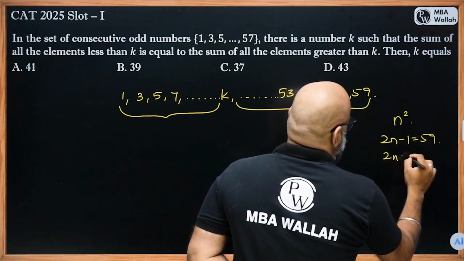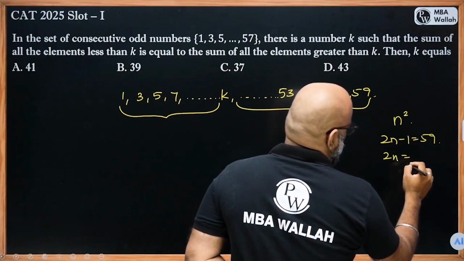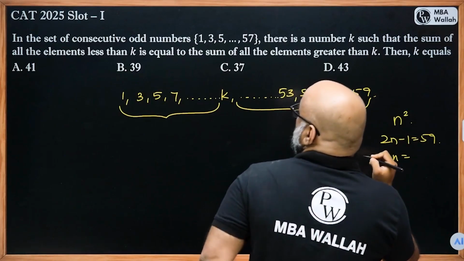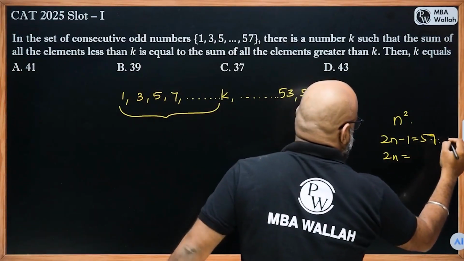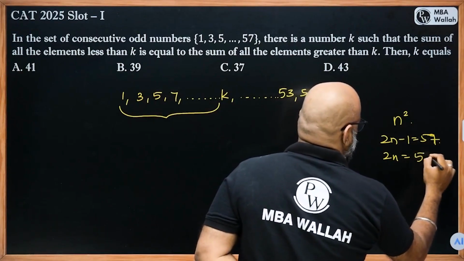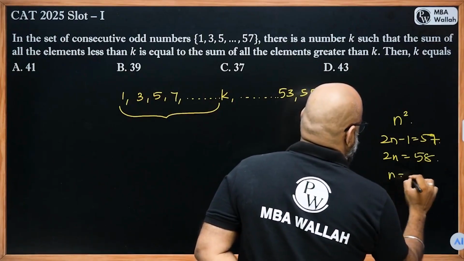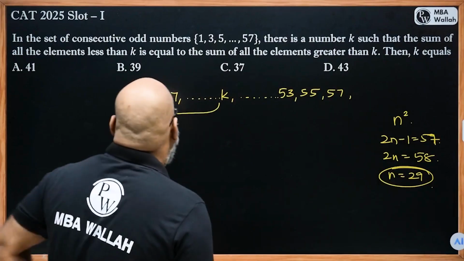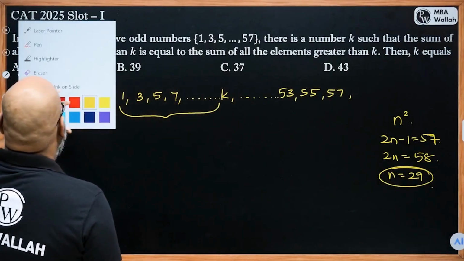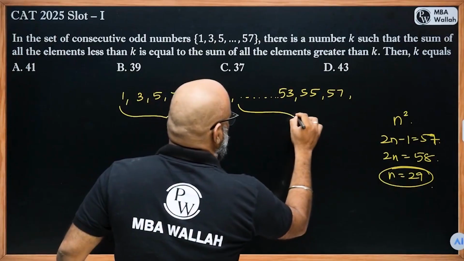So 2n is equal to, sorry, 57, my bad. It goes till 57. So 2n is equal to 58, or n is equal to 29. So the number of numbers that we have over here is 29 odd numbers.